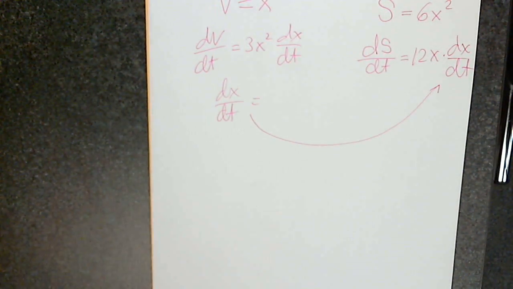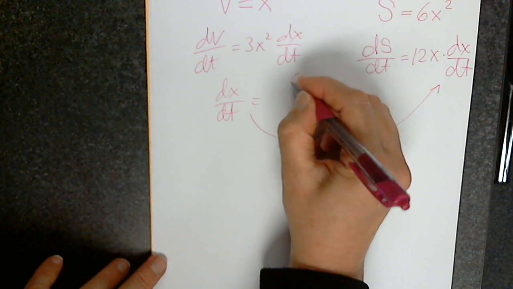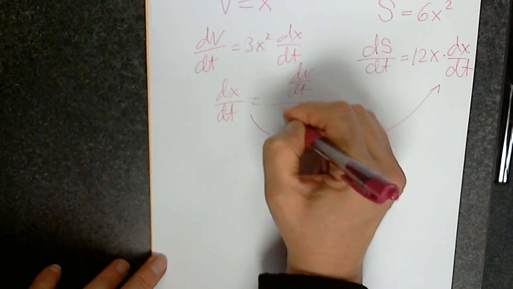So what is dx/dt equal to? dV/dt over 3x squared. Yes, that goes together, right? Very good.